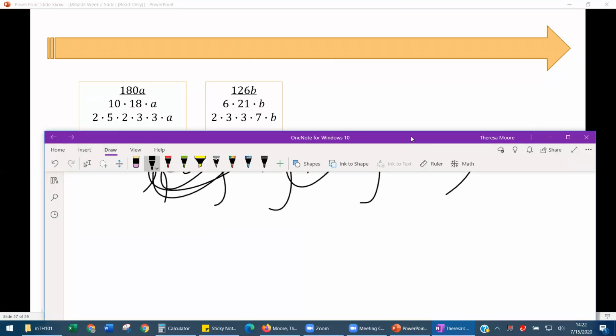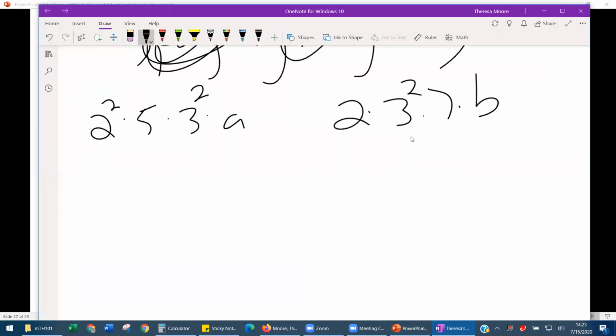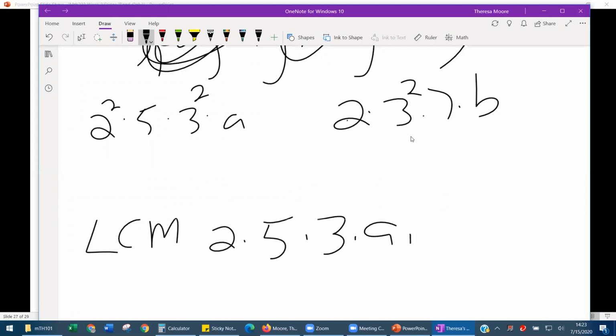The primes of 180A are 2 squared times 5 times 3 squared times A. The primes of 126B are 2 times 3 squared times 7 times B. So my least common multiple must contain a 2, a 5, a 3, an A, and I already got 2, 3, a 7, and a B, because those are all the factors that you see.